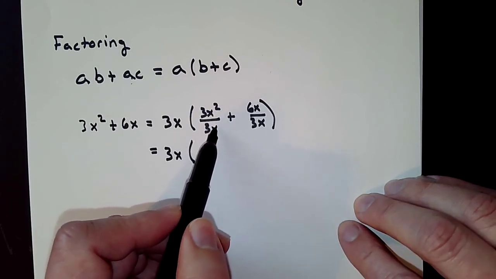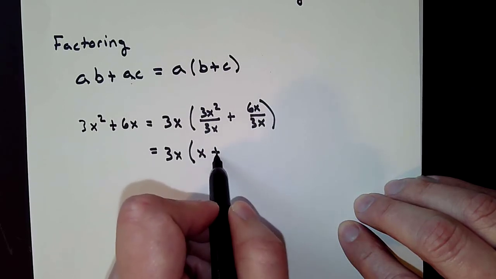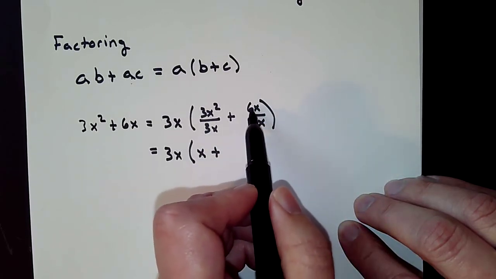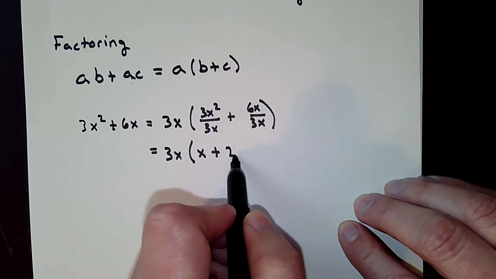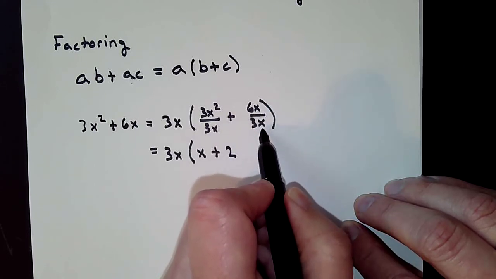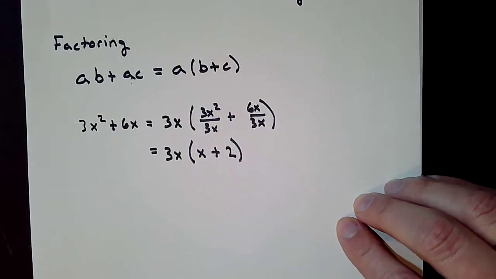X squared divided by x is just x. 6 divided by 3 is 2. X divided by x is 1, so it goes away. And here's the factored form.